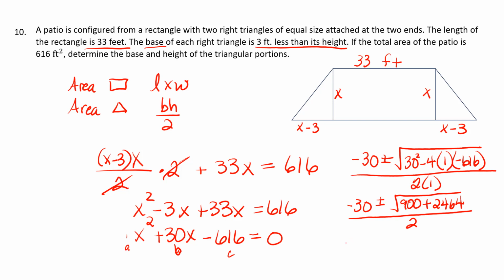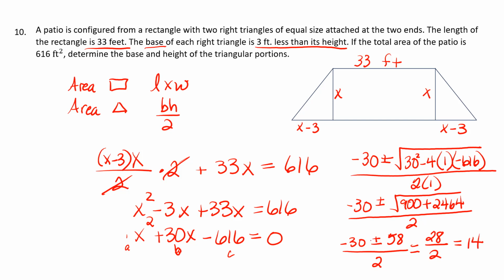So that is going to be negative 30 plus or minus, if we add up 2,464 plus 900 and take the square root, that's going to be 58, all over 2. So negative 30 plus 58 is going to be 28 over 2, which would be 14.